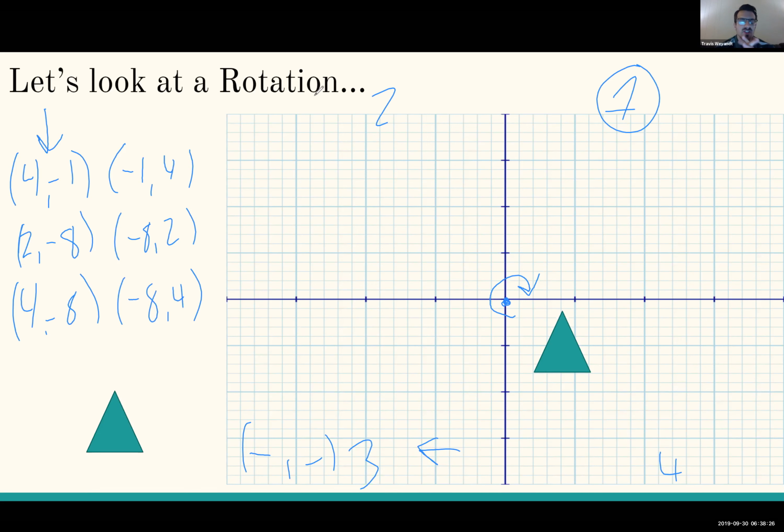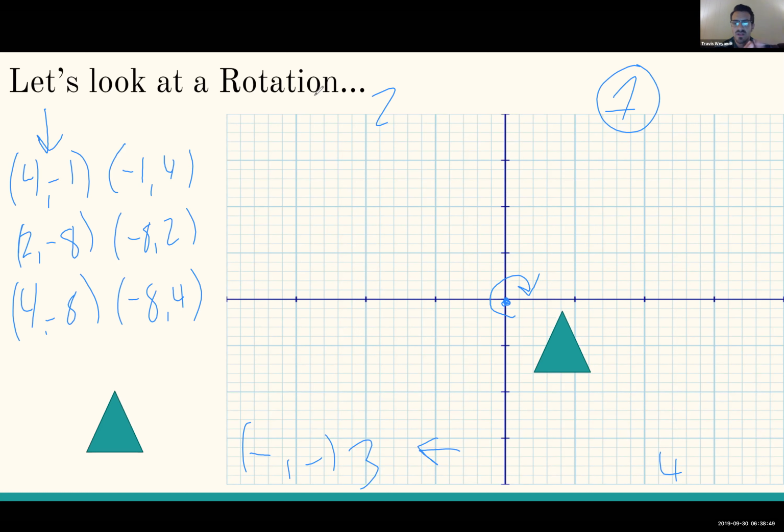So I'm actually changing 4, -1 to -1, 4. And then I'm changing 2, -8 to -8, 2. It's because with a rotation, because we're turning and we're only going 1/4 of a direction, those quadrants will flip. And the next rotation I make makes them flip again. So every time you rotate the figure, you are flipping the coordinates.